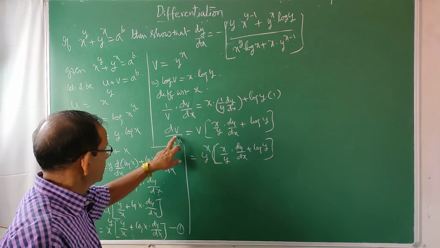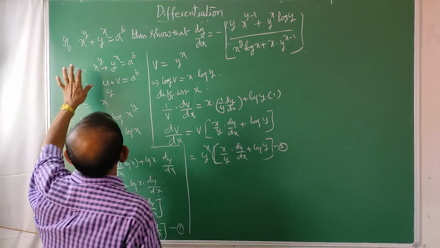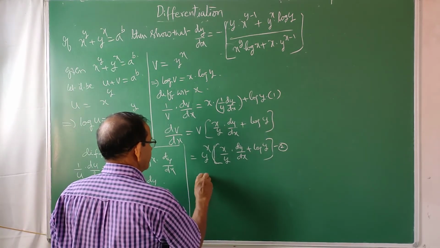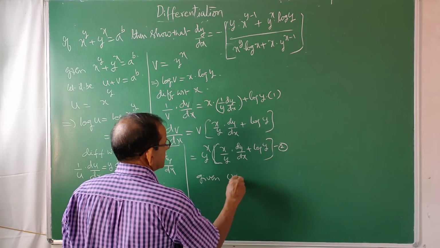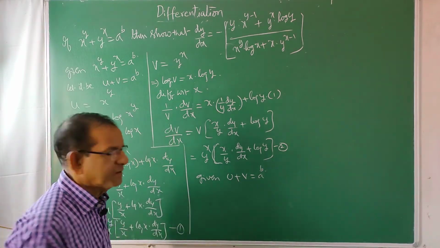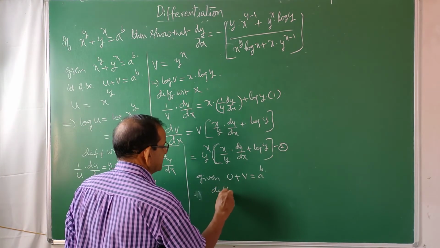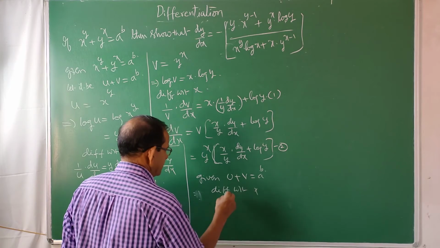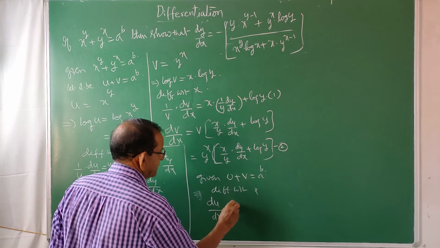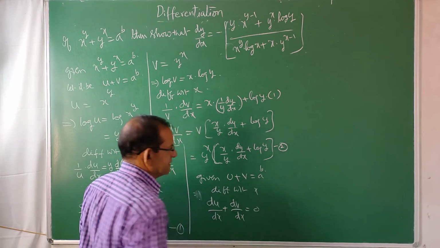So this is dv by dx, take it as 2. But given that u plus v is equal to a power b, if you take derivative on both sides, differentiate with respect to x, u derivative is du by dx plus v derivative is dv by dx. But this is constant, so its derivative is 0.